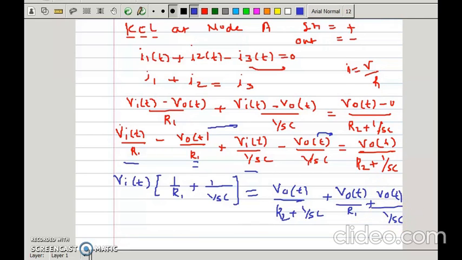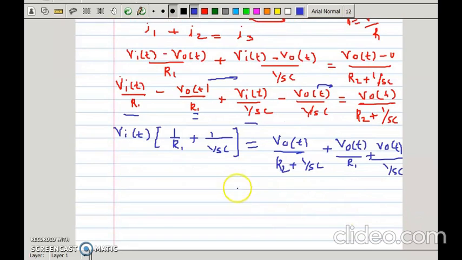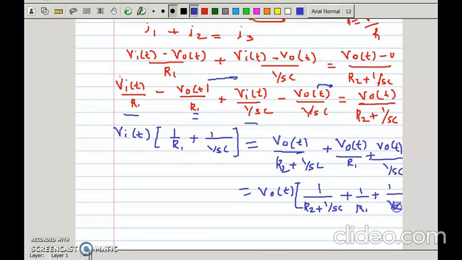Let's take Vo(t) common from all three terms. Inside we have 1/R2 plus 1/SC plus 1/R1 plus 1/SC.